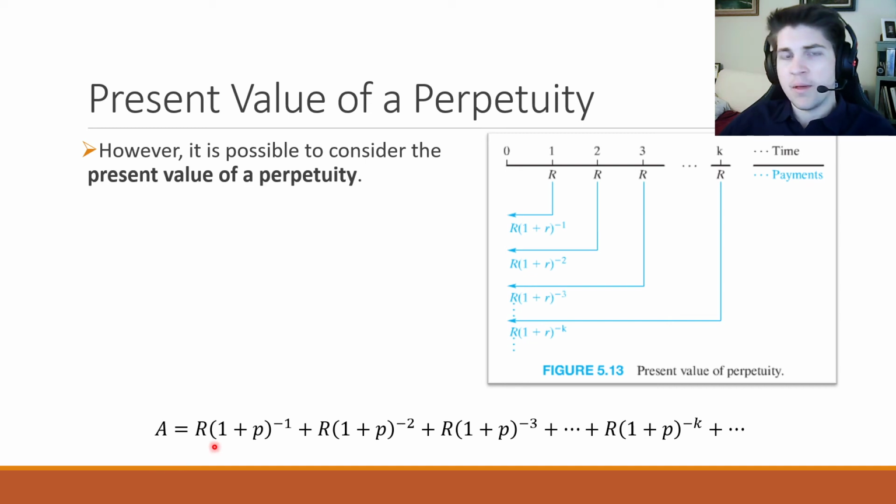Anyways, my point here is that this infinite series of present value formulas is actually a finite number. It's a specific number, and at the very end, I think this will make better sense. But let's work on the math and focus on infinite series.